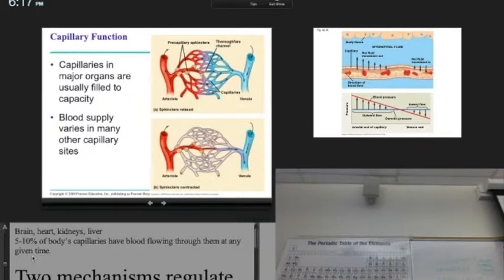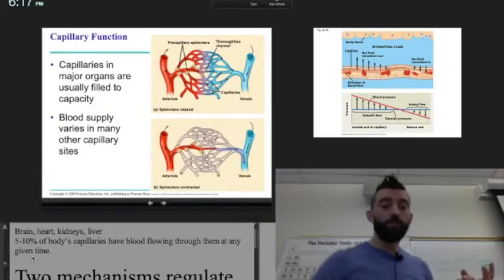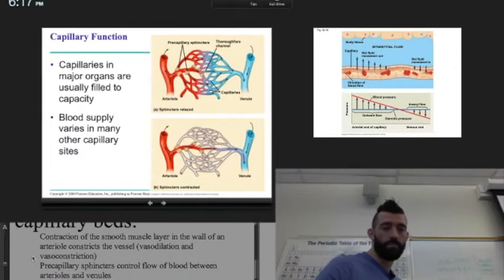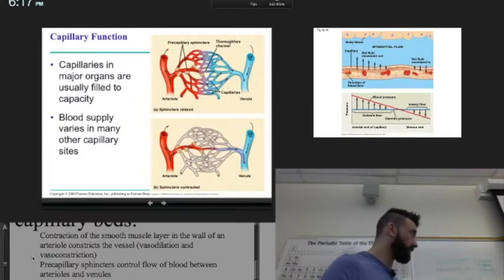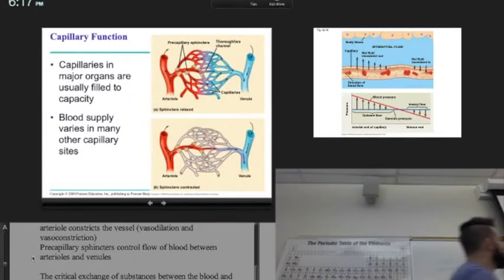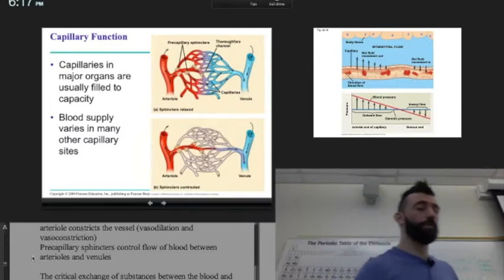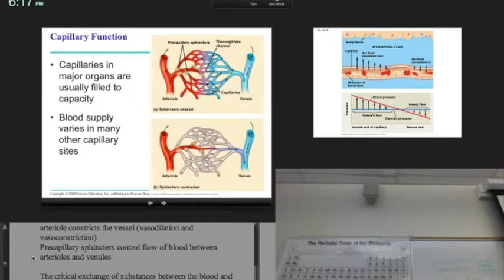Blood flow is regulated in these capillary beds by two mechanisms: vasodilation and vasoconstriction, which we already know, and precapillary sphincters. They also control blood flow between arterioles and venules.